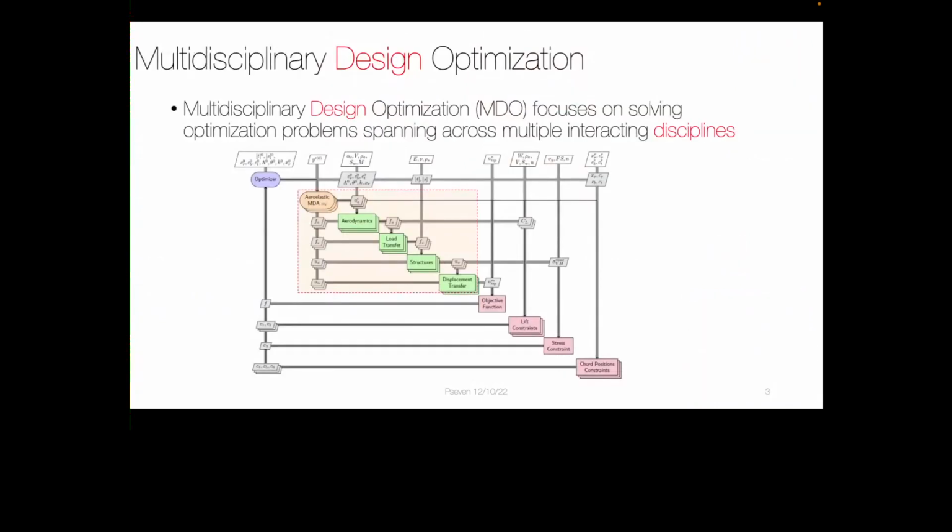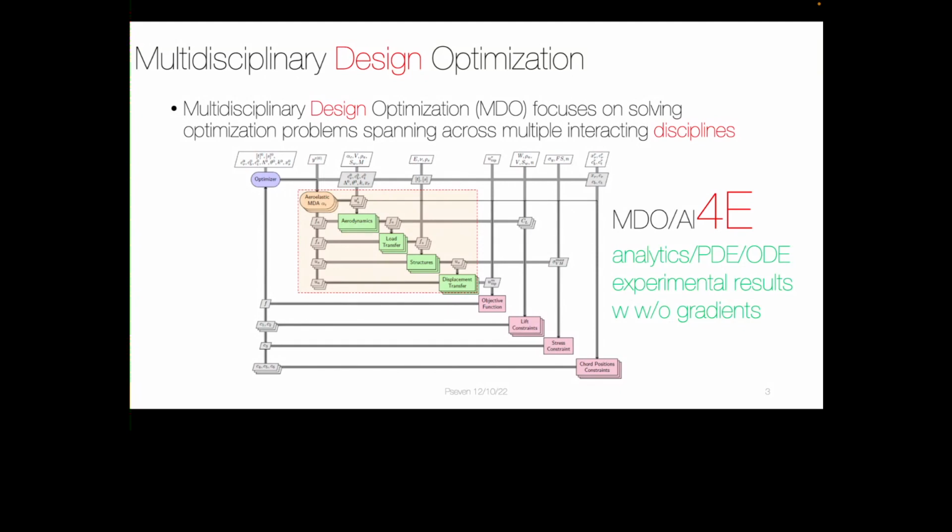For the MDO part, for me, design is really at the center of this methodology. It means that at the end you have a technological product, a final design which is optimal, and the second part is that you take into account the interaction between disciplines. When you define the disciplines, they could be analytic, PDE, ODE, or experimental results, with or without gradient, and you can substitute each discipline by a surrogate model.